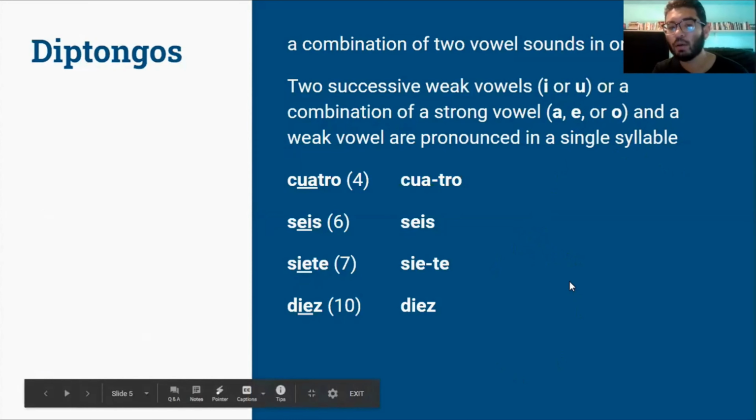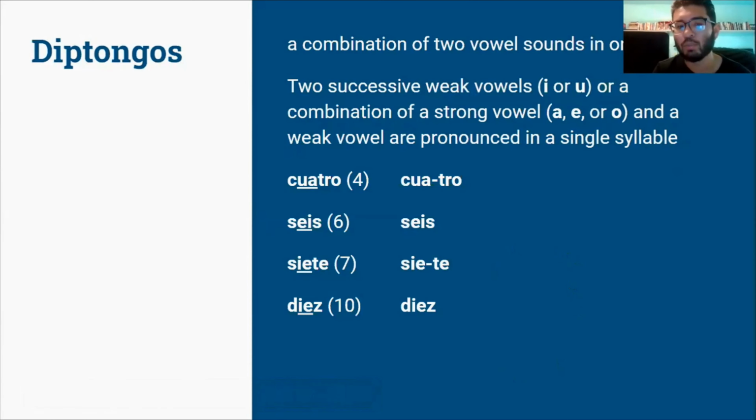When that happens, we pronounce the vowels in the same syllable, no? And we see that in the pronunciation of numbers like cuatro, which is 4. We do not pronounce the word cu-a-tro, but cuatro, no? That U and A become part of the same syllable. So it becomes a word with only 2 syllables, no?